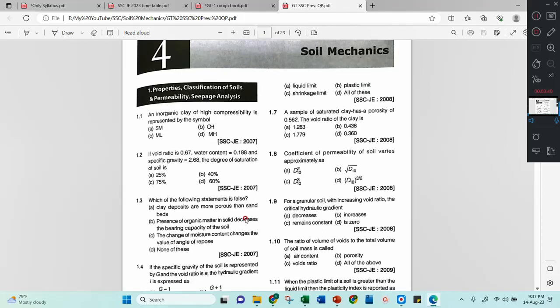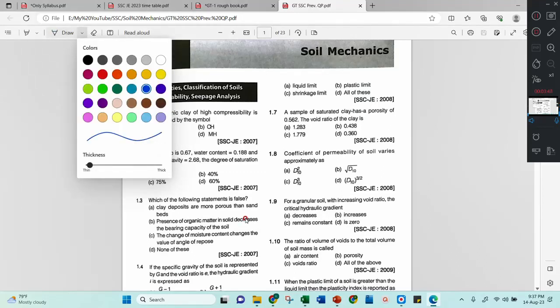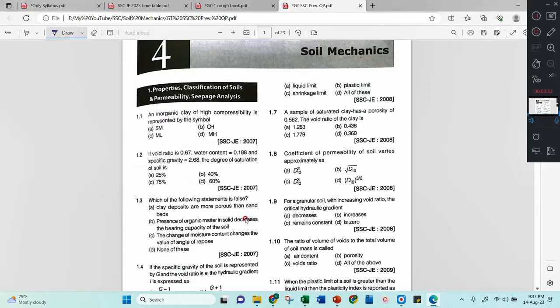Now we'll skip the first one. The second one we can try here. I hope you are able to see the questions, right? We will solve the second question. The soil void ratio is 0.67, water content 0.188, and specific gravity 2.68. Degree of saturation is what they are asking.